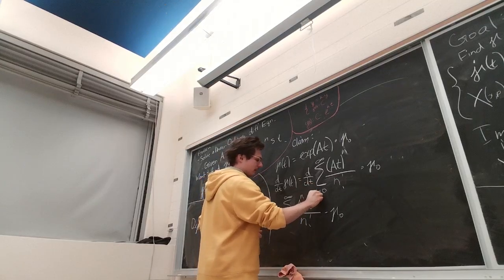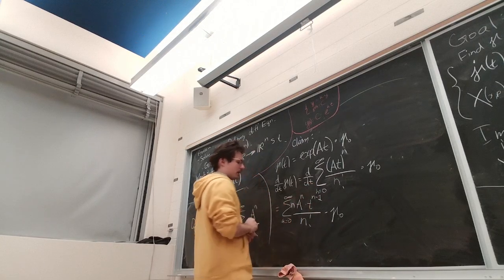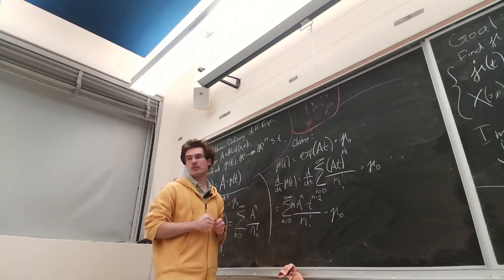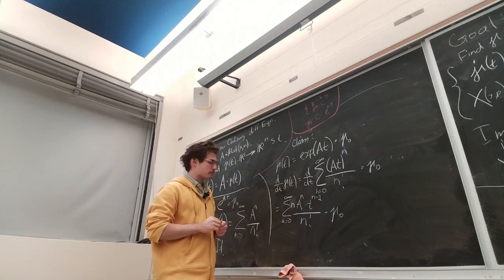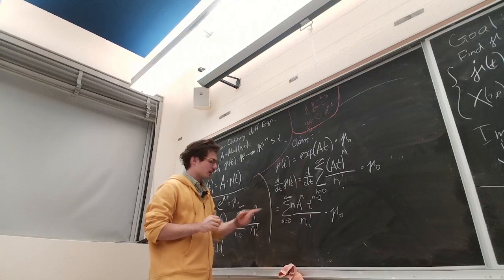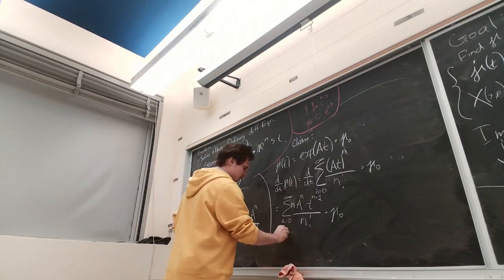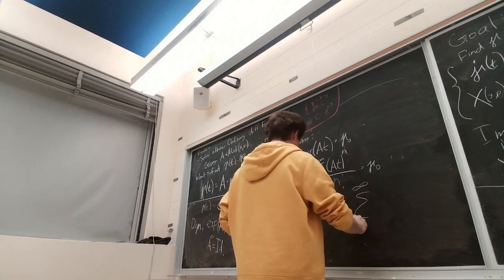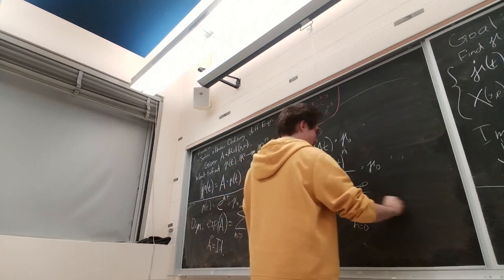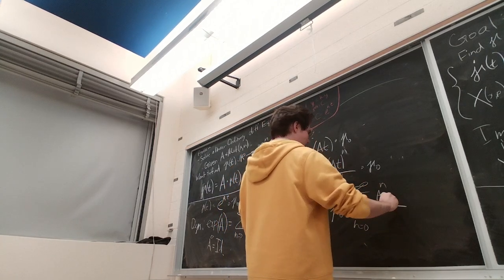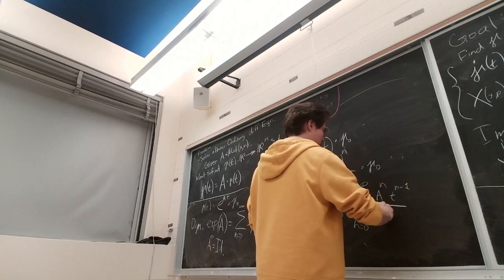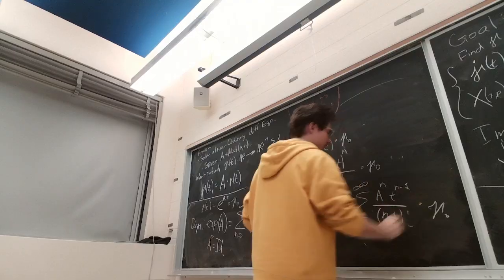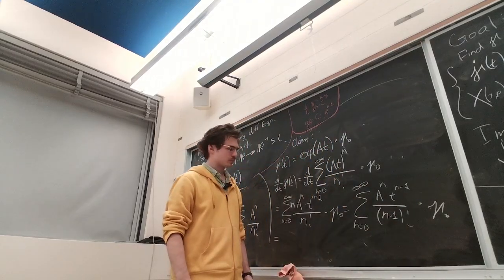What do I get? I get n times t to the n minus 1. Do you agree? So I just took the derivative with respect to time. Very good. So now I can rewrite this as the sum from n equals 0 to infinity of A to the n t to the n minus 1 divided by n minus 1 factorial applied to gamma naught. Do you agree? Okay.